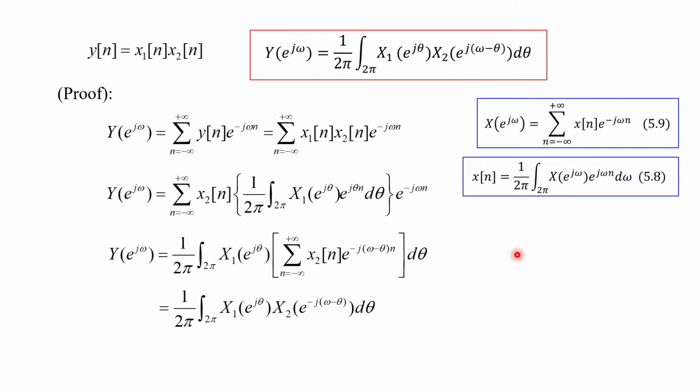And now finally, we look at this equation and we compare it to this 5.9 and convert it back to big x2. And we see that this is basically the same as this equation, except instead of omega here we have omega minus theta.